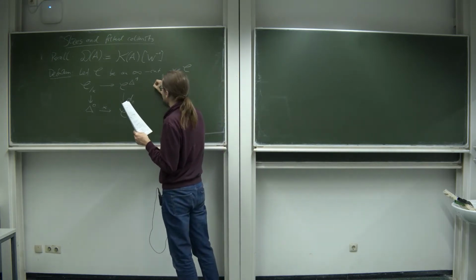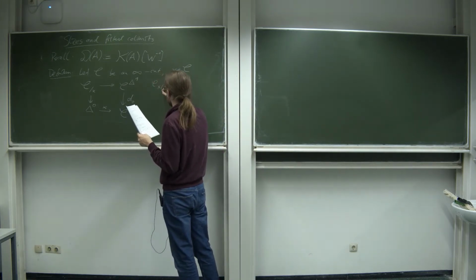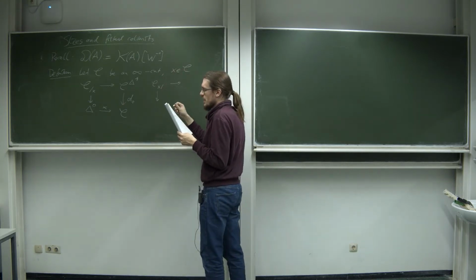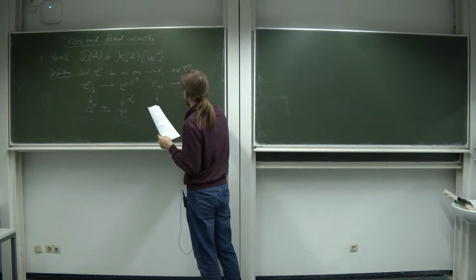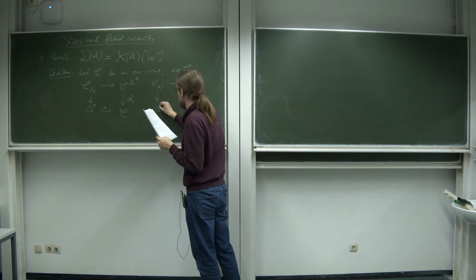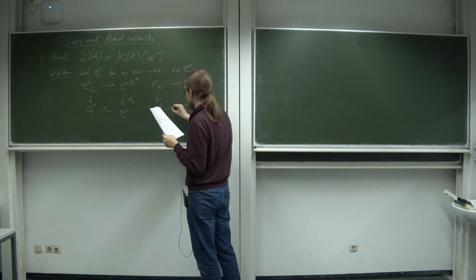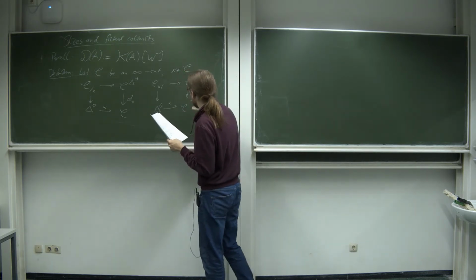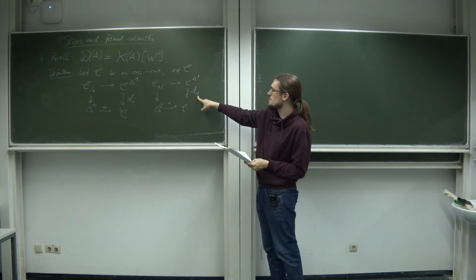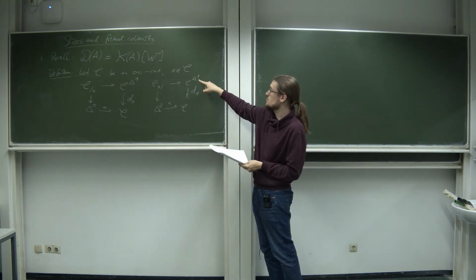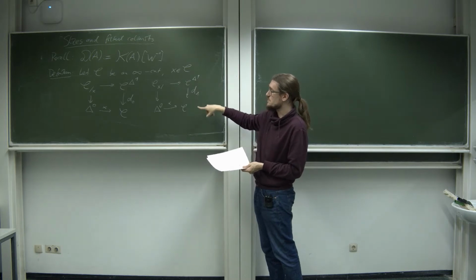And dually, we can of course also form the slice category under X, which is the corresponding pullback, but where now we've taken the d1 that sends every arrow to its source object.